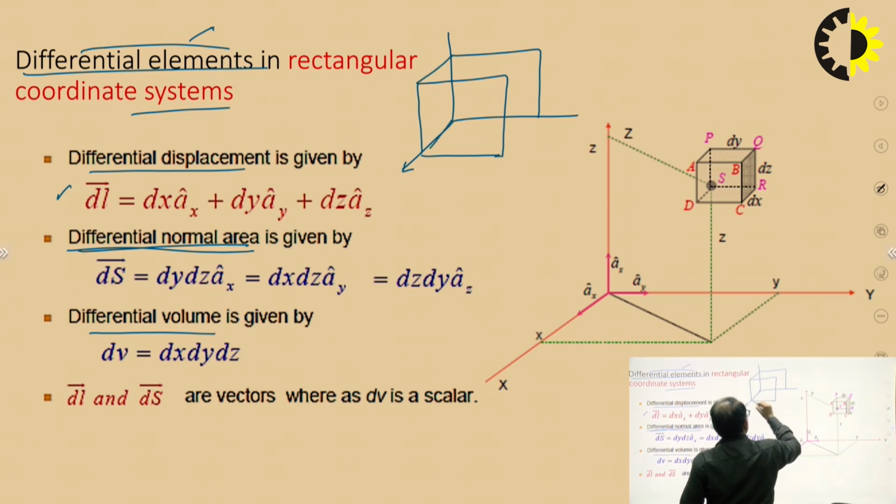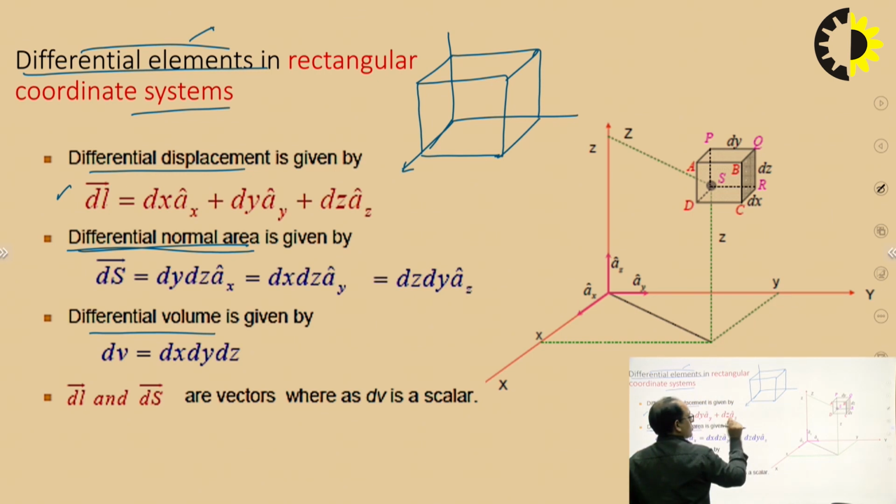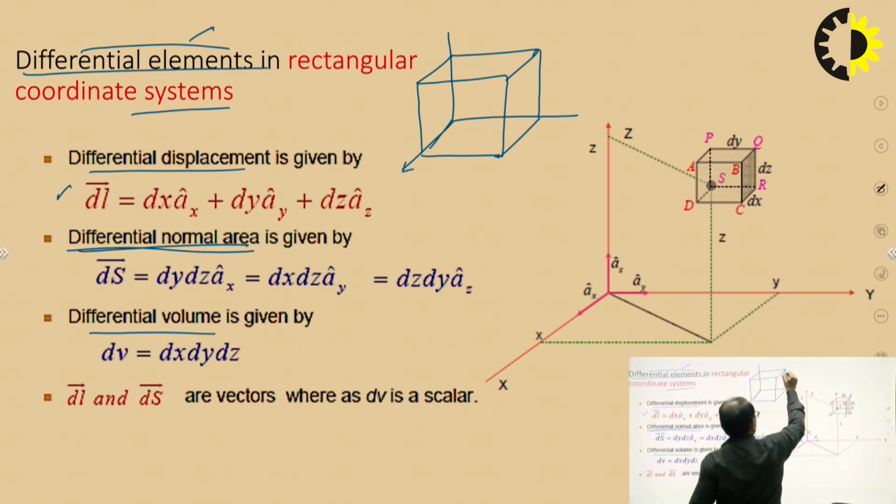This one is the whole cube. The smallest element in this surface is this one, which is also made up of a cube.